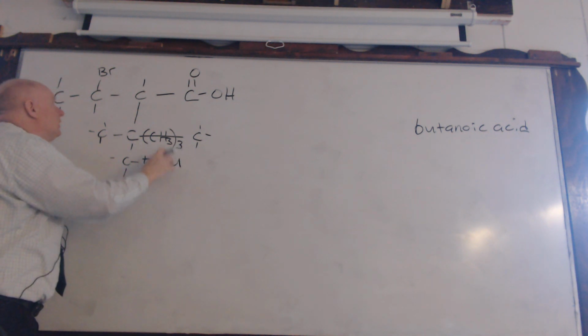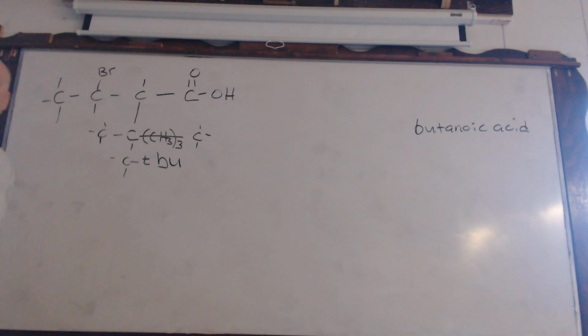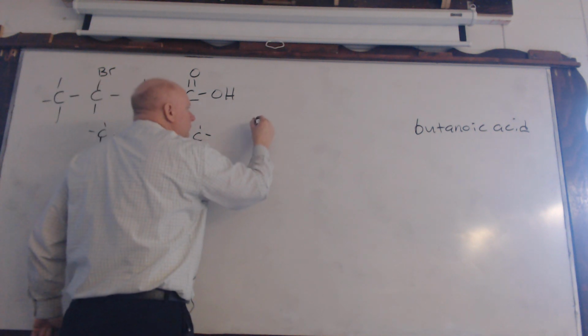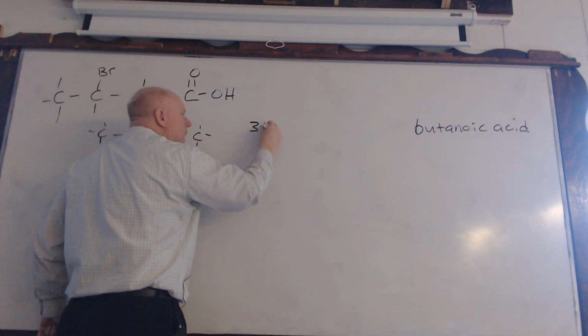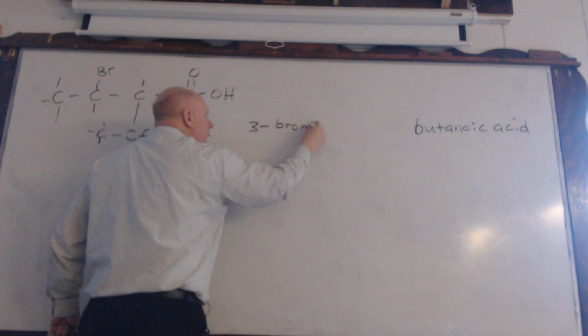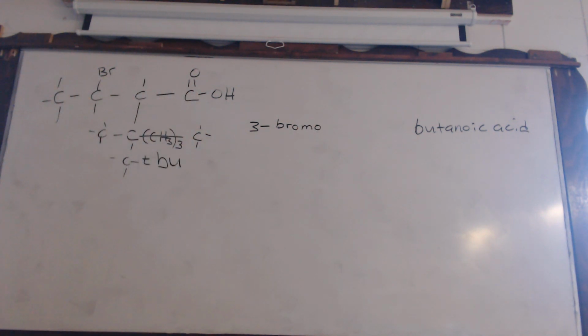Okay, so this has to come after that. So then this actually gets named first on which carbon? Okay. So now we've named this. Now we just have to name this mess down here.